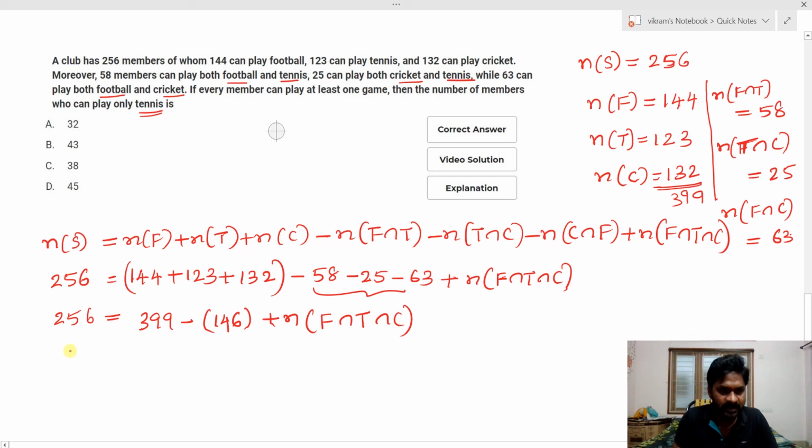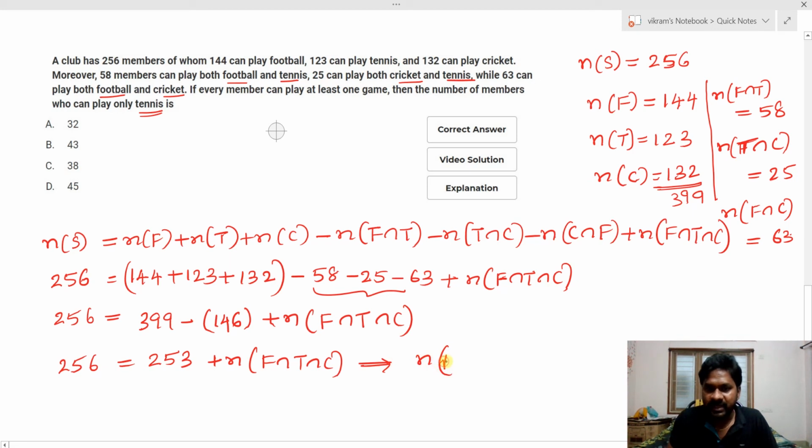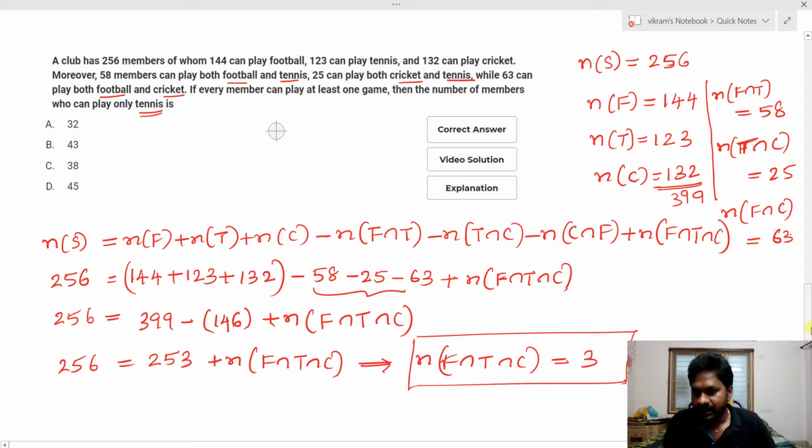So 256 equals 253 plus the number of players who can play the three games. Finally, the number of players who can play football, tennis and cricket is 256 minus 253, so three players are playing all the games.